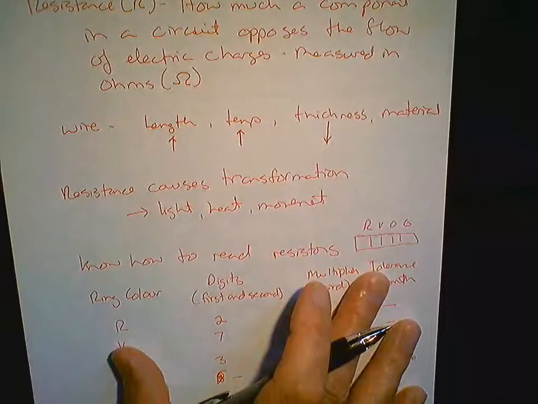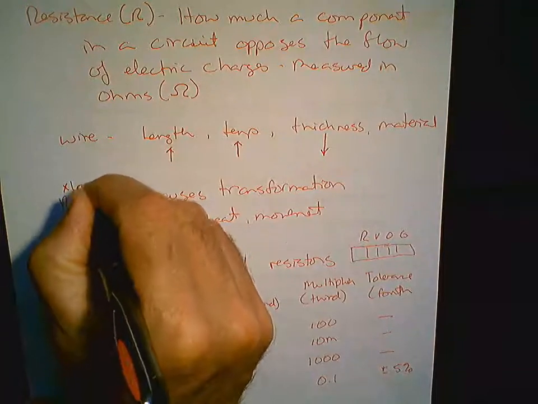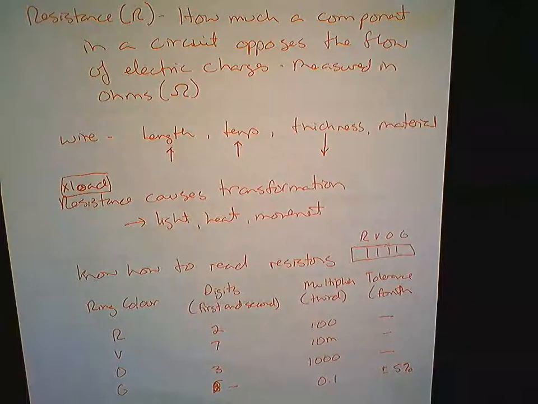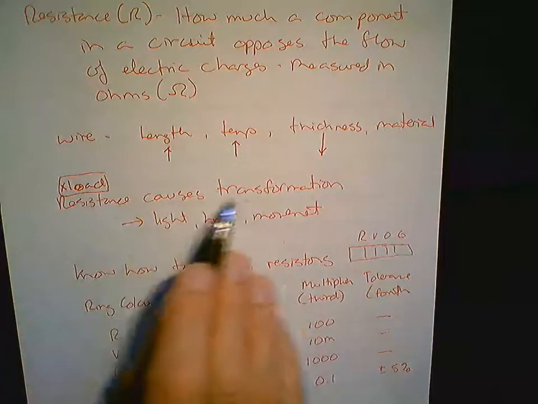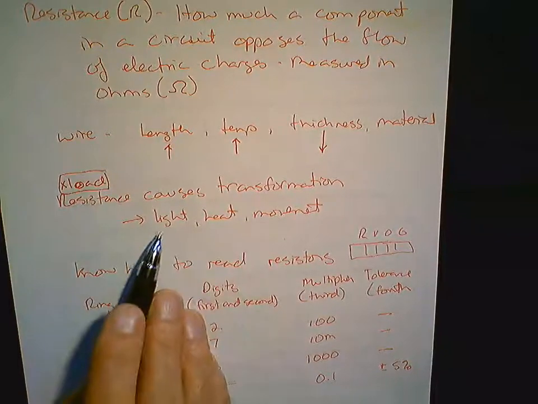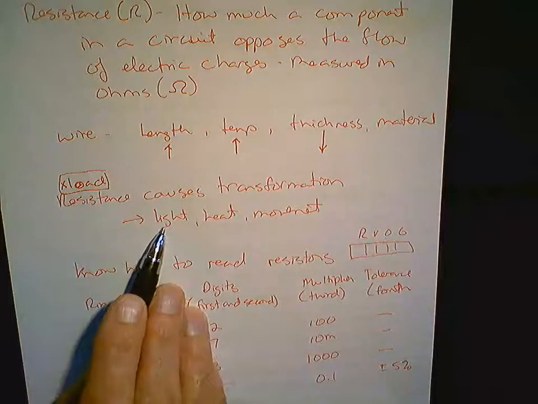Now, another thing that's going to be important here is our load. Our load is where we are trying to use the electrical energy. So for example, a motor, a fan, a light bulb, those are loads. What happens is resistance causes transformation. So what does that mean? If we have resistance in a circuit, once we hit a load, it transforms what that electrical energy is doing. So in a light bulb, the electrical energy is being transformed into light energy.